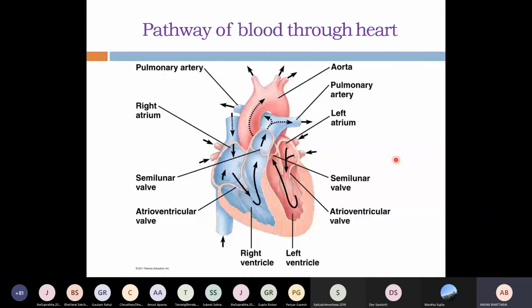Because the left ventricle contracts and produces high pressure, I've already mentioned that the left ventricle has to contract against the systemic blood pressure. So it can produce pressures from 110 to 130 millimeters of mercury during contraction. Because the mitral valve is quite thin, there is a high chance of bulging of the valve backward toward the atrium during systole.